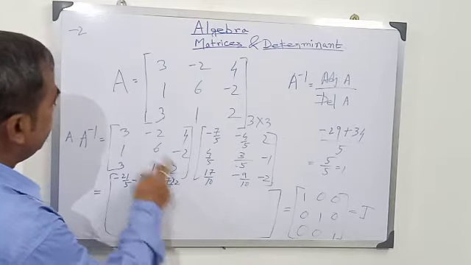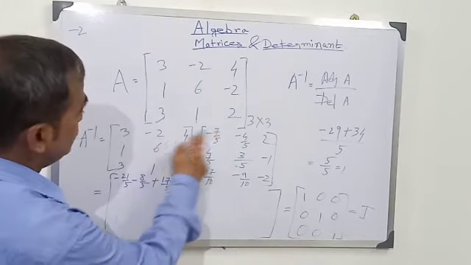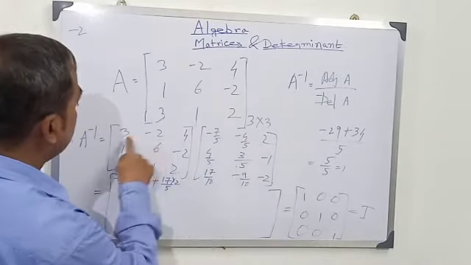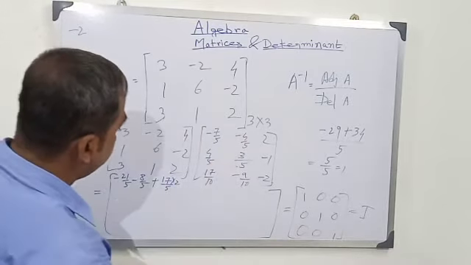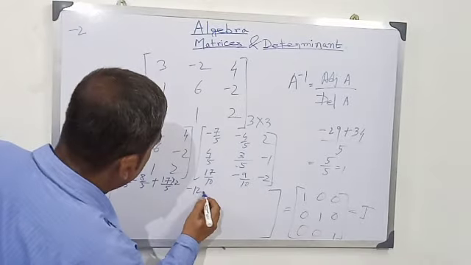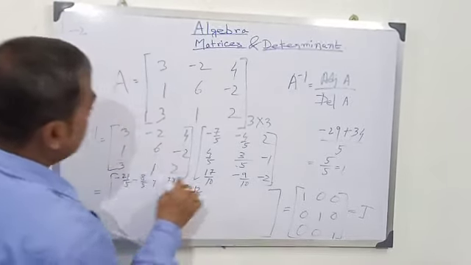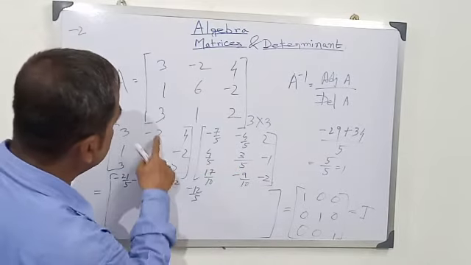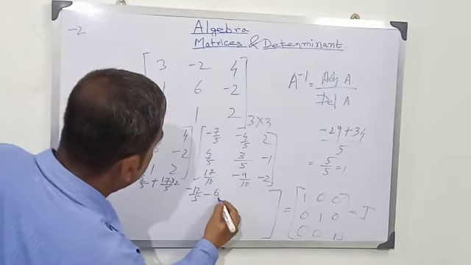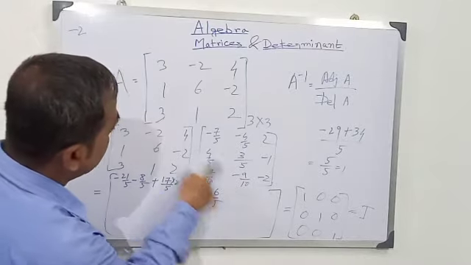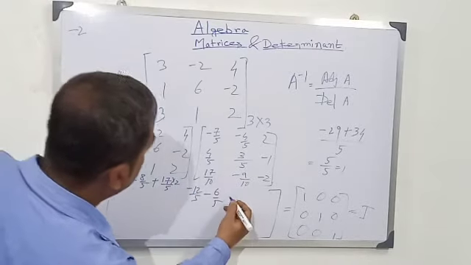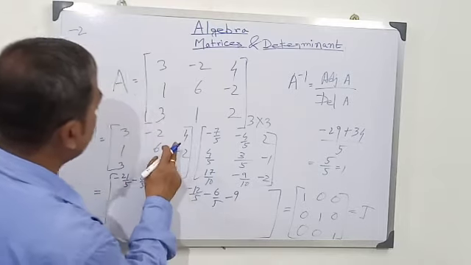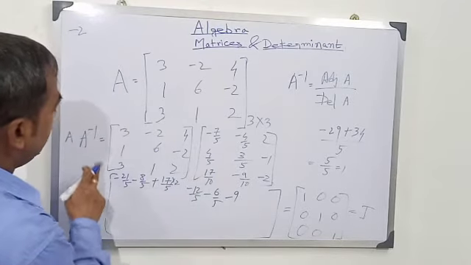Now the second element: first row with the second column. So minus 4 into 3, minus 12 by 5. This is minus 12 by 5. Now minus 6 by 5 and 4 into this, that is minus 9 by 5.